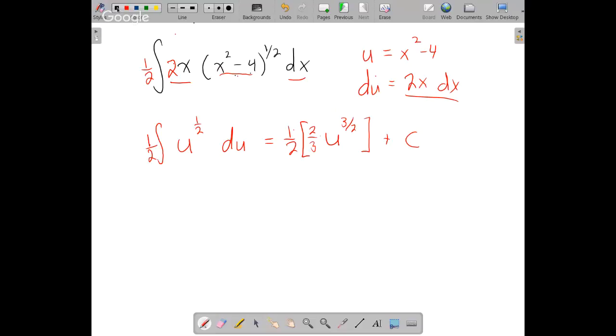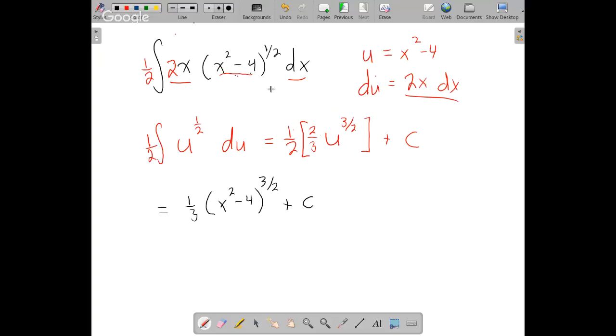Switch colors again. So then 1/2 of 2/3 is 1/3. Replace the u with what it originally was. Power is now 3/2 and then plus c. So that should be the antiderivative of that original function in black up here.